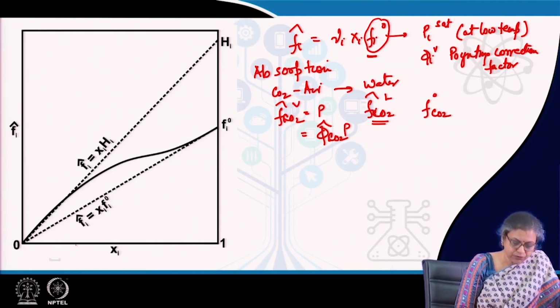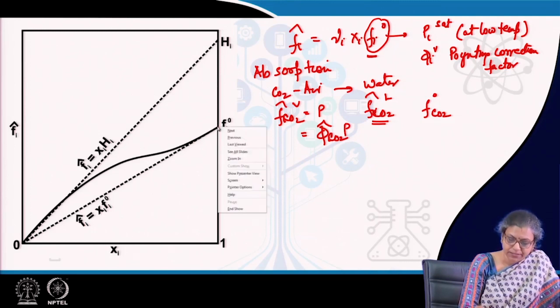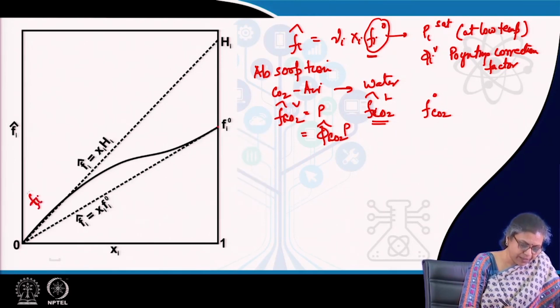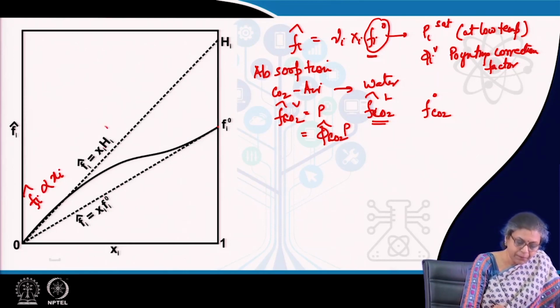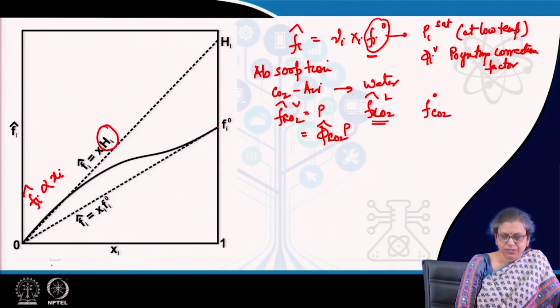So, when we refer to the graph of the partial fugacity with composition, we find that just like at very large compositions, fi is proportional to xi and the proportionality constant is fi0, at very low compositions also fi is proportional to xi, but the proportionality constant is not equal to fi0, but it is the Henry's law constant.